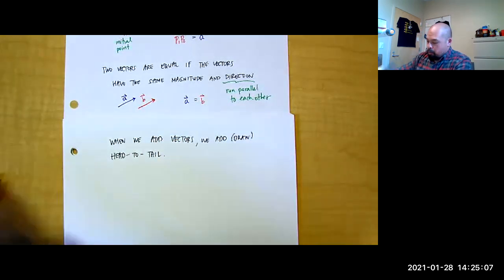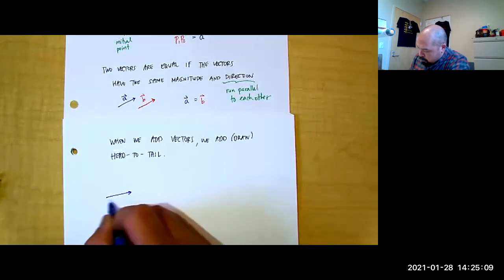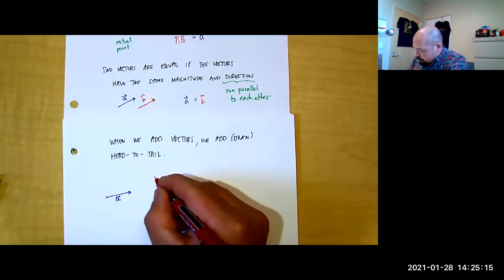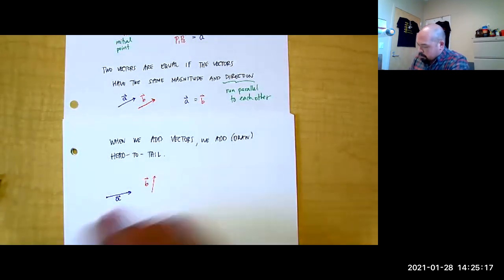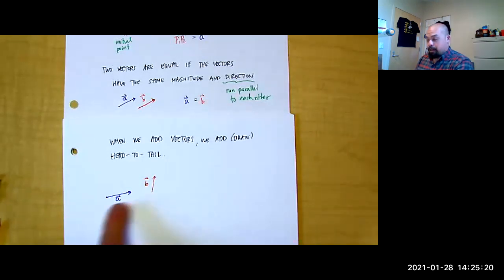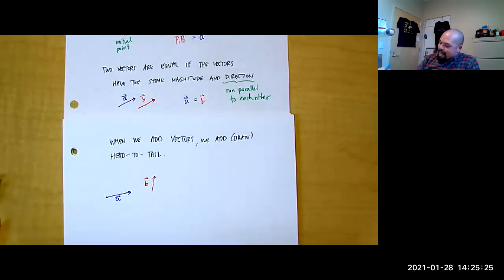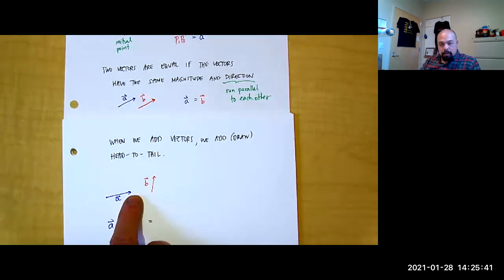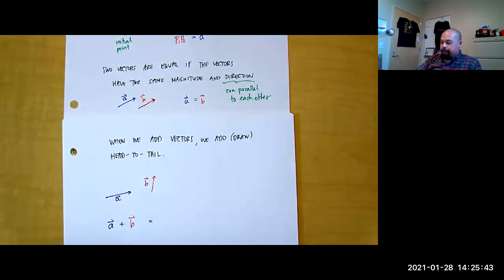So if I start off with these two vectors, definitely not having the same magnitude, the same size, the same direction. We have these two vectors. If I wanted to add vector A plus vector B, doing that addition visually, right? Tail to head, the head being the arrow, okay?